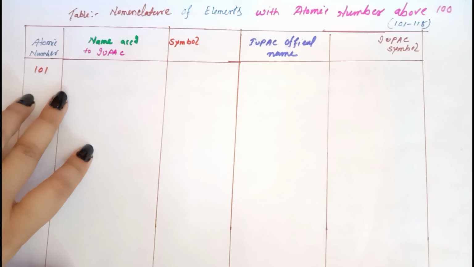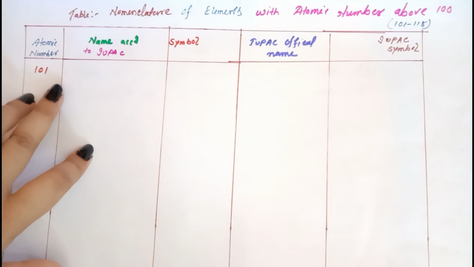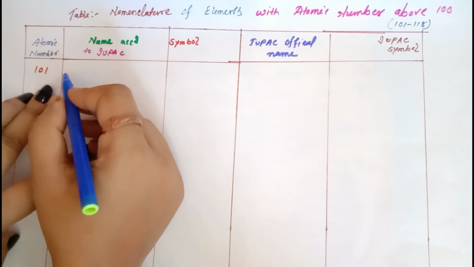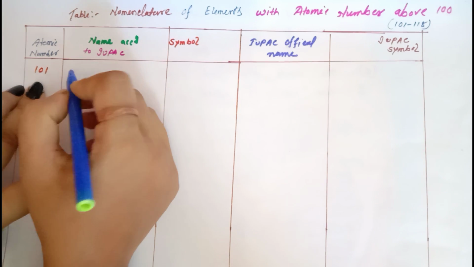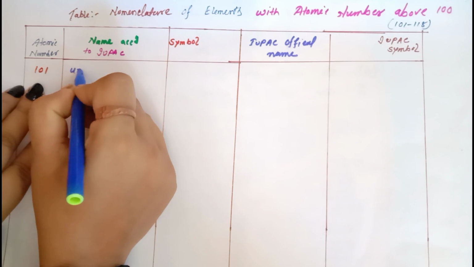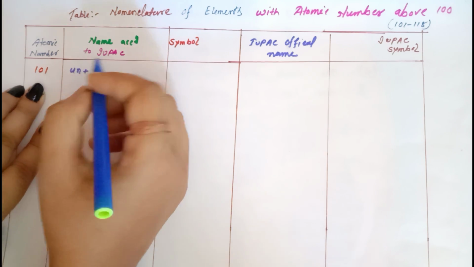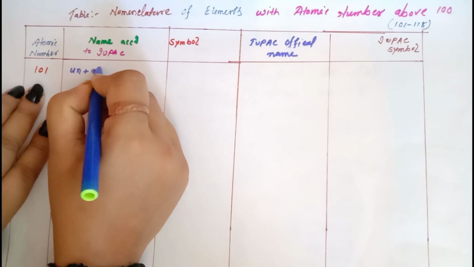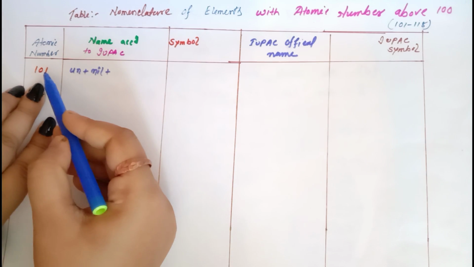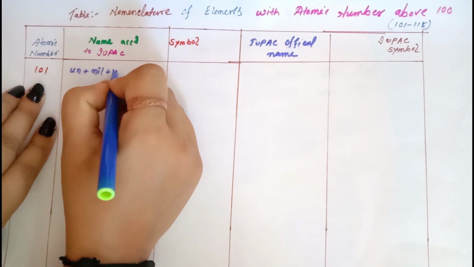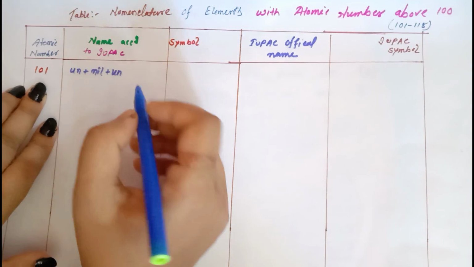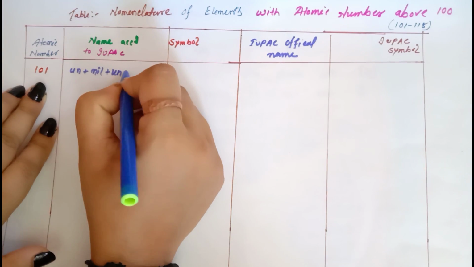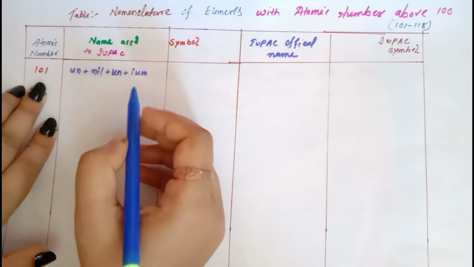First, say the nomenclature of the element having atomic number 101. Using the above rule, we can name it as what? For the digit 1, we write un, plus for the digit 0 it will be nil, plus again for the digit 1 that is un, and we add ium at the end.